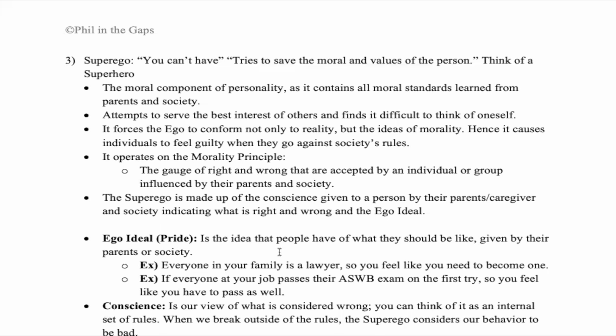What I often recommend people conceptualize is that superego, key emphasis on super, think of a superhero. Because a superhero is trying to rescue everybody else at the expense of themselves.